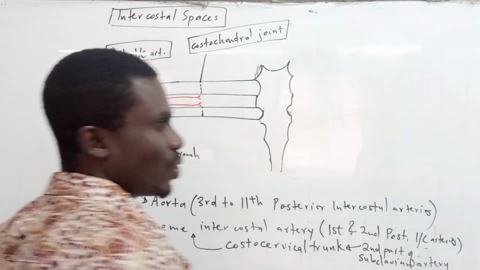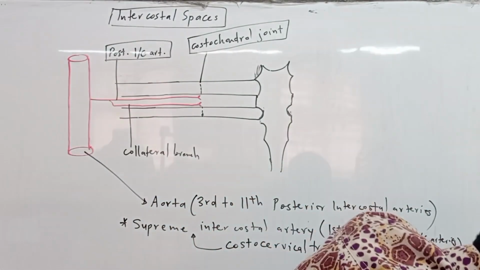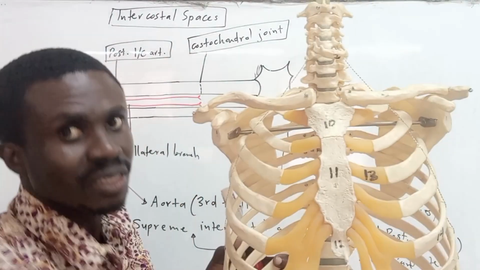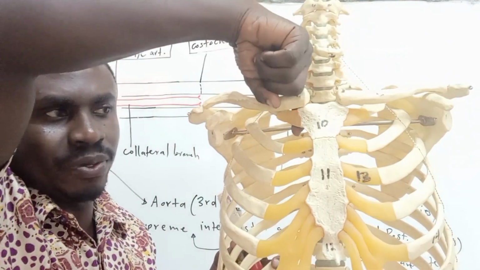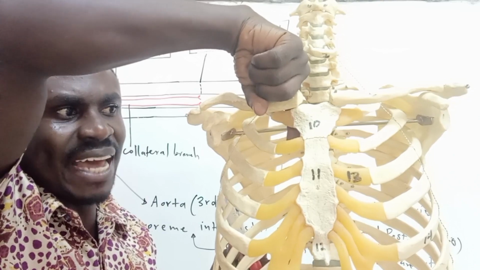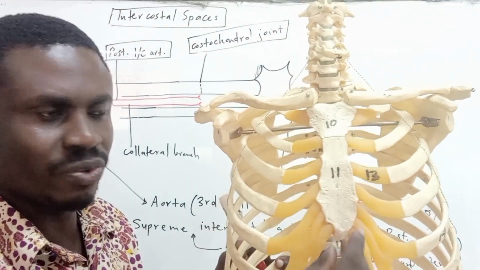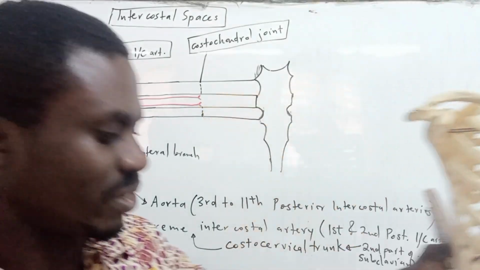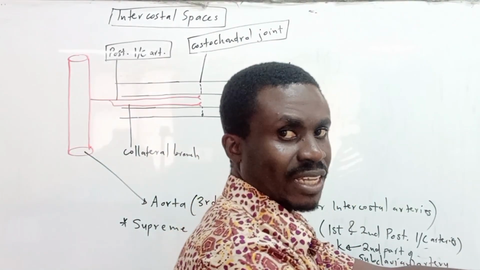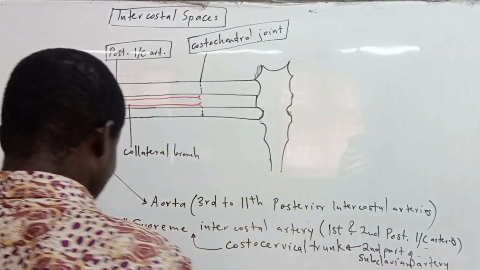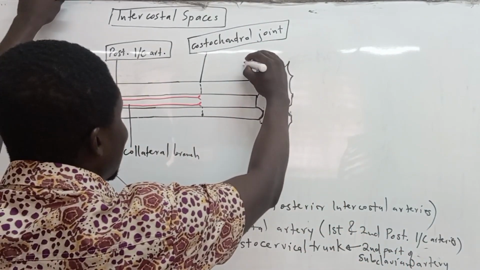And this artery will be running deep to the costal cartilages in here, just lateral to, of course, the sternum. That is what we are going to see. And for this reason, that is why we are calling it the internal thoracic artery.